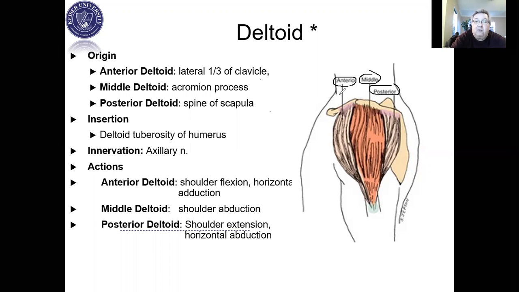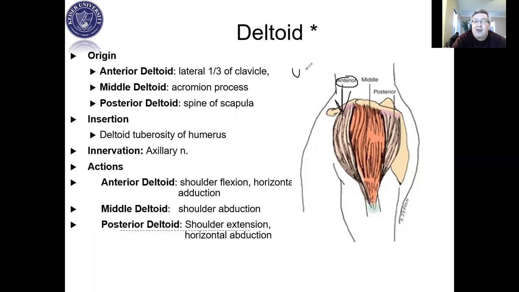So let's talk about the anterior deltoid first. The anterior delt is right here. It's this section of the deltoid right there. The anterior delt has its origin on the lateral third of the clavicle. Now, haven't you heard that before of an insertion point?